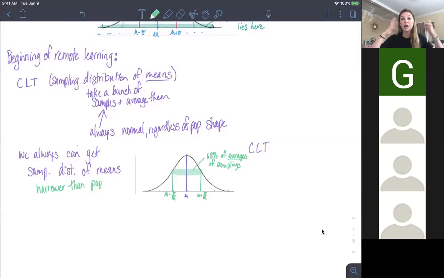When I grab a bunch, I'm going to grab them from all over the spread of that population, and the average of those data points is going to be a much smaller number, which narrows it in. So with this sampling distribution of means, I'm no longer saying 68% of the data. I'm saying 68% of those averages, where you grabbed a bunch and took an average, lie within that one standard deviation.